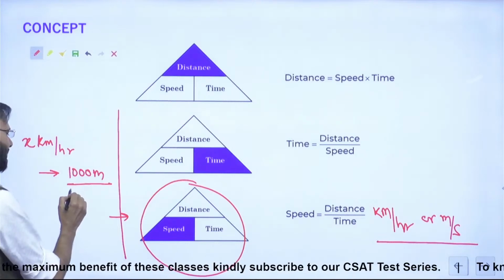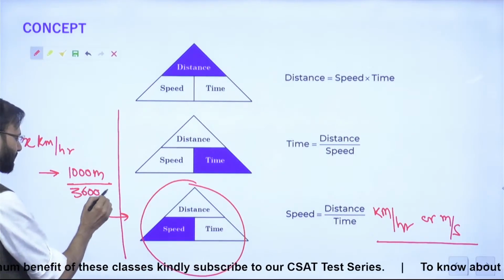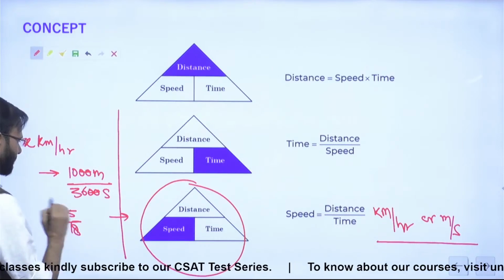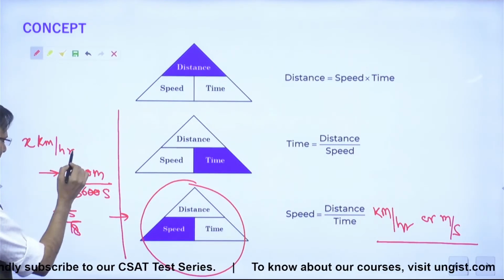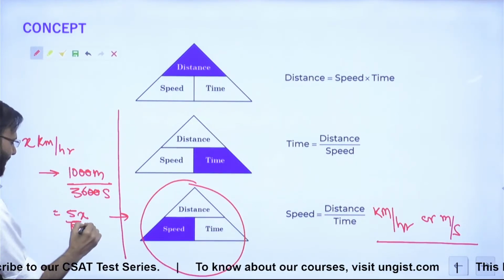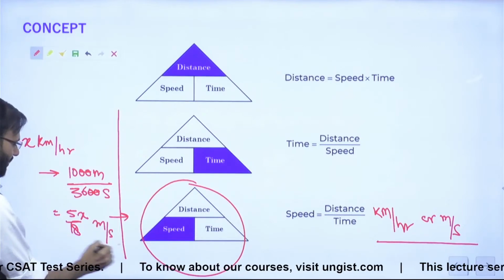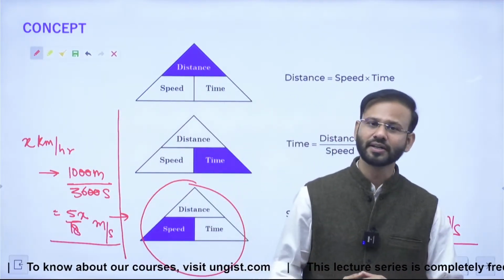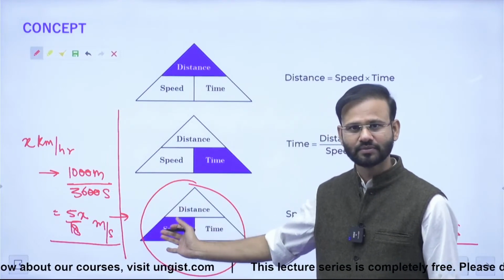And in 1 hour, how many seconds do we have? 3600. So 20 and 20 cancel, and this is 5/18. So if it is x kilometer per hour, then it is 5x/18 meter per second. Everybody clear with this?